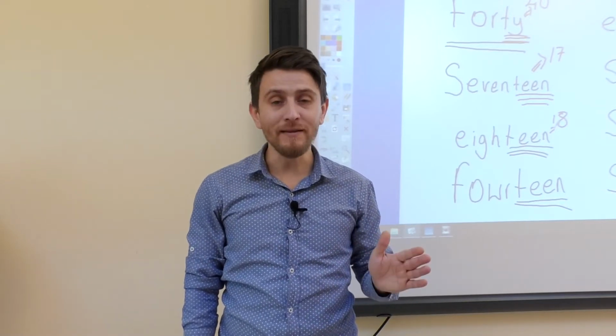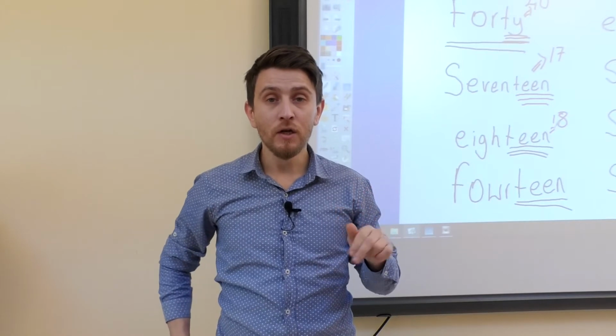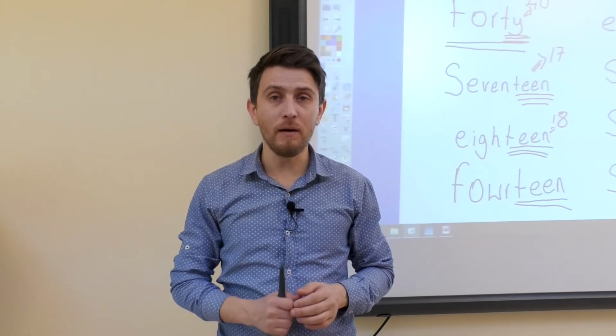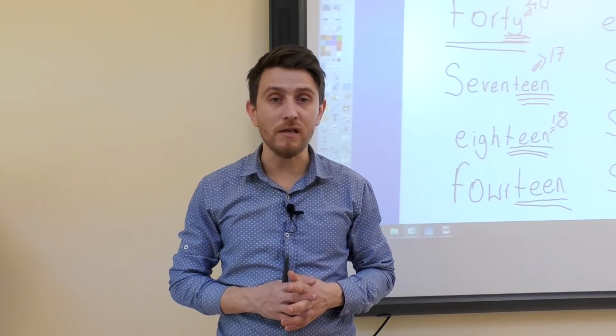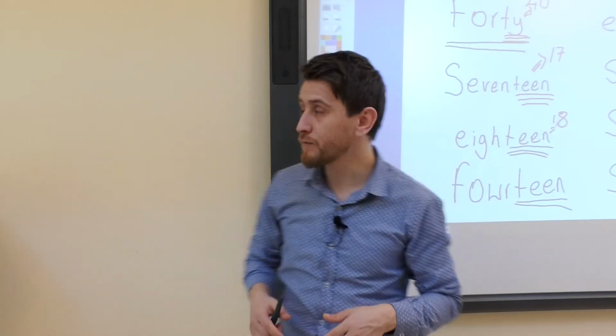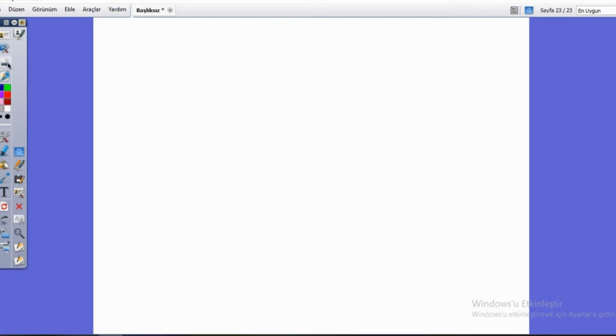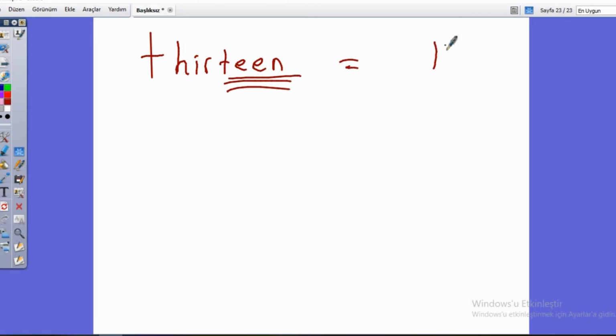So from 13 to 19, these numbers end with teen. Let's write them on the board. Here we go. 13. This one is 30.